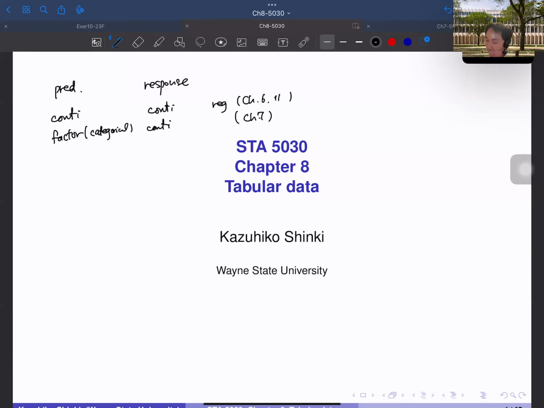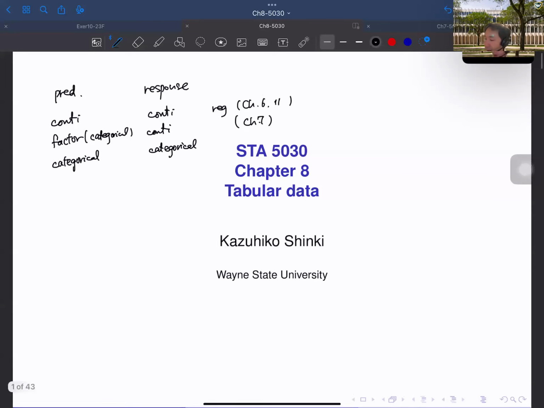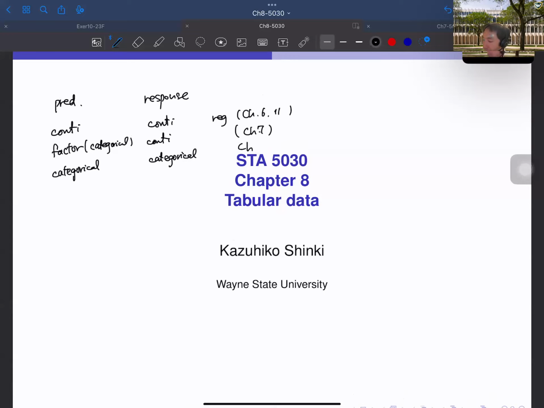And in chapter 8, we want to consider 2 categorical variables, maybe more than 2, but categorical and categorical. In this case, we don't have a very convenient regression-type model, so if we have 2 categorical variables, we use methods for tabular data. If both variables are categorical, the result is summarized as a table.